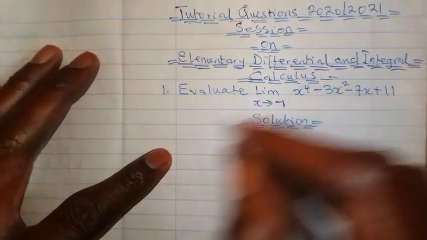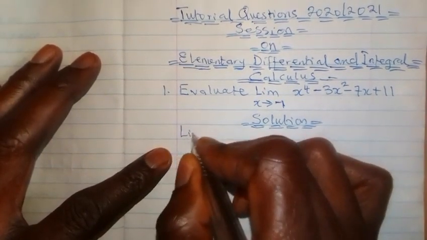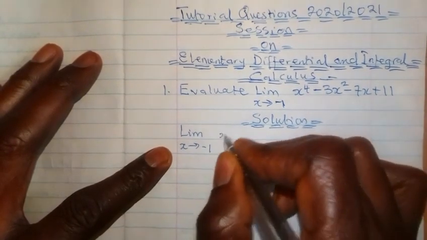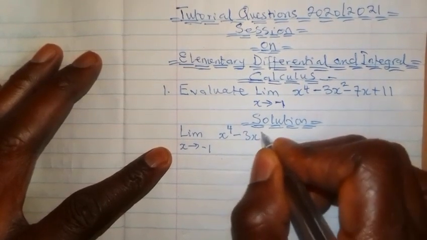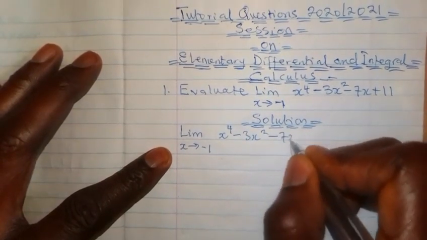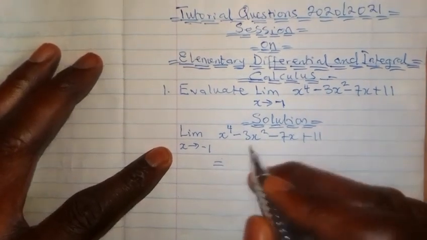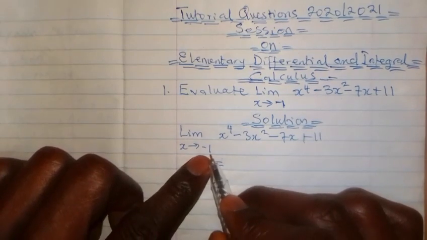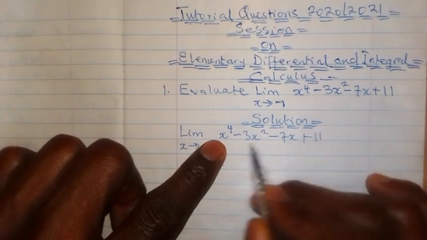So first of all, we write the equation and the question given to us, the limit as x tends to minus 1 of x power 4 minus 3x power 2 minus 7x plus 11, and this is going to be equal to... direct substitution means take this minus 1 and plug it directly into the value for x.